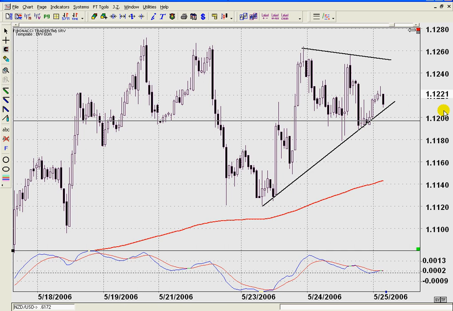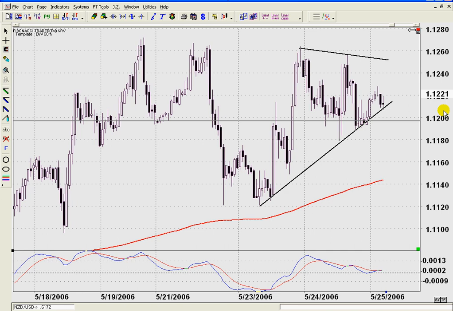The reason why you need to be patient is because as soon as you get out of your position, or as soon as you look the other way, that's when the move will start to pay out on your initial analysis or understanding of the market, in terms of determining the direction that you thought the market may go based on the tools that you are applying to the market.